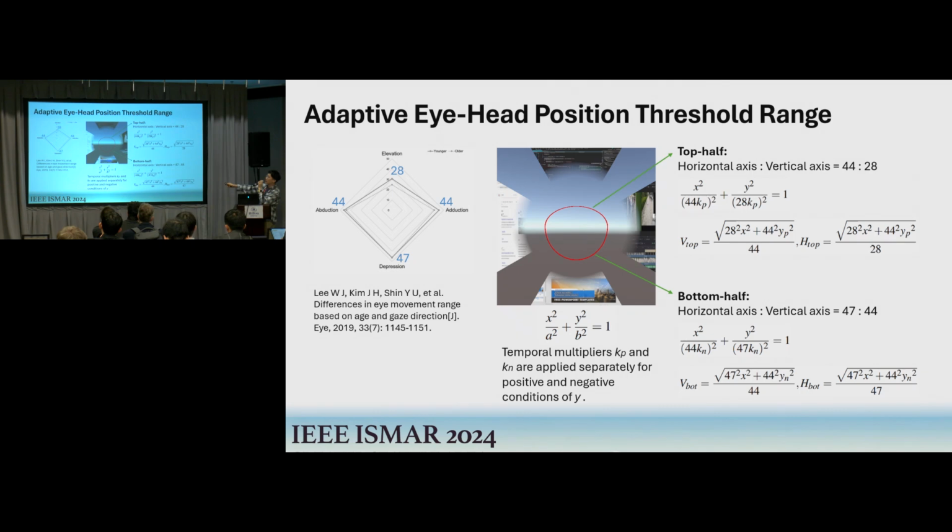Based on the results of previous works, we know that the limitations of eye-head position of human eyes are on average 28 degrees on the top, 47 degrees on the bottom, and 44 degrees on the left and right. With the equation of an ellipse and applying two temporal multipliers, Kp and Kn, we have the equations to calculate the two halves of ellipses here and here.